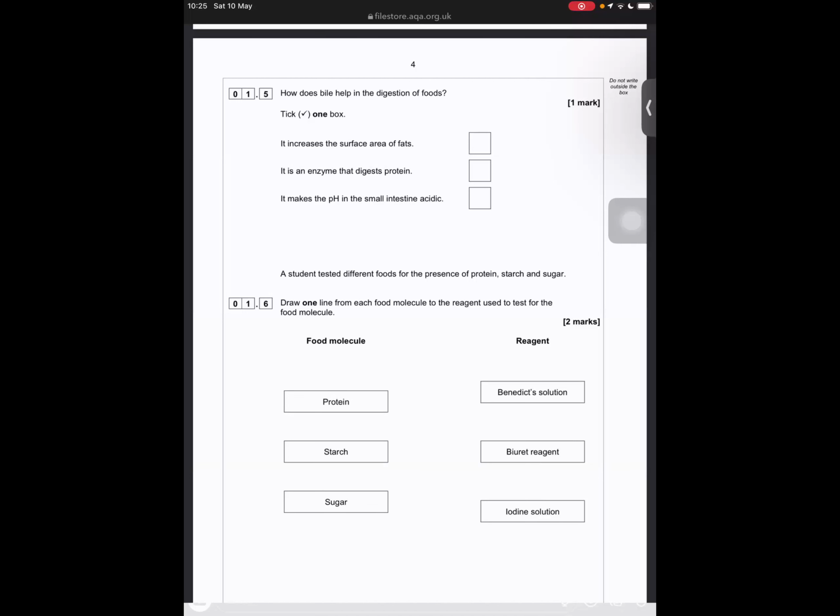Yes, I'll go with that. Typically, fats are a bit difficult to digest, but bile somehow helps to break them down. So it is not an enzyme itself, but if we want to say that it contains enzymes, that's a given. But that first one should be the right thing.